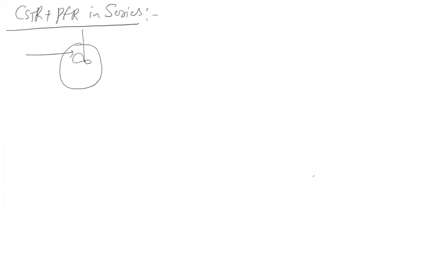So we'll solve another problem, or maybe we'll start with another one, which is CSTR plus PFR in series. Suppose I have a CSTR and PFR in series, how does the model look? We have solved CSTR plus CSTR in series.